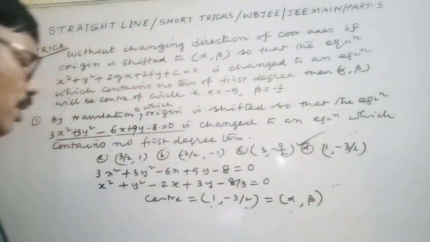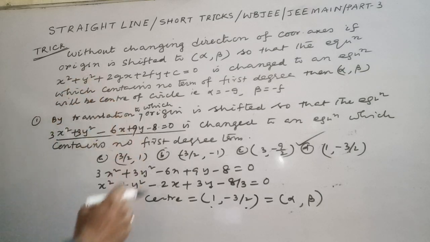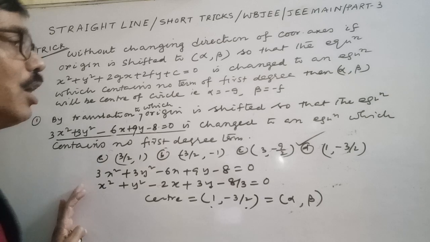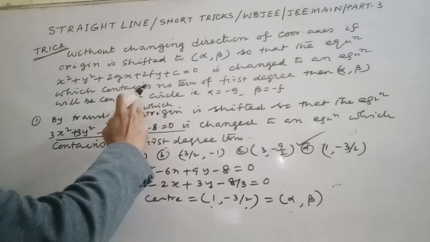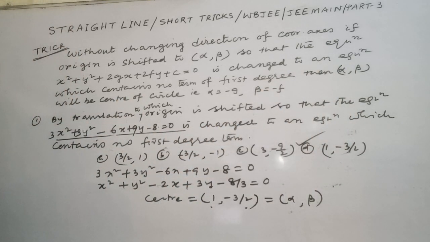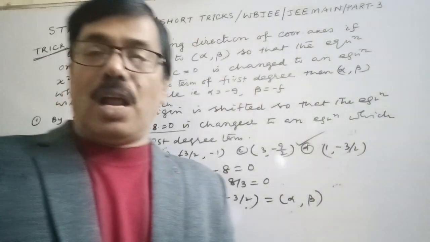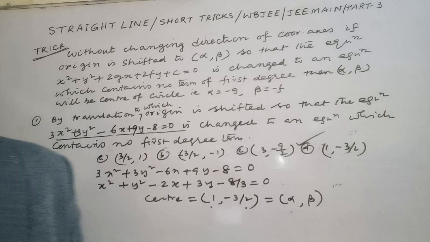So you recall this formula. If it is a circle and if origin is shifted to alpha beta without changing the direction, and the transformed equation is independent of first degree term, then alpha beta equals the center of the circle.